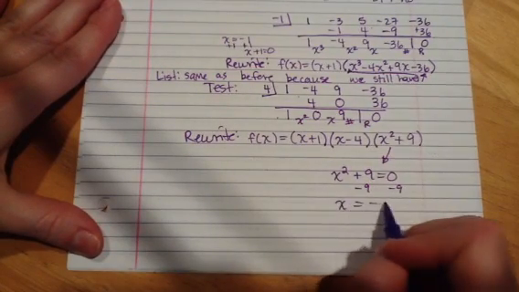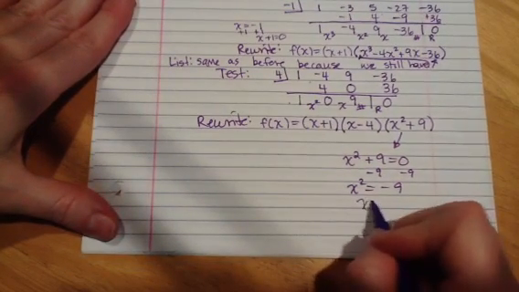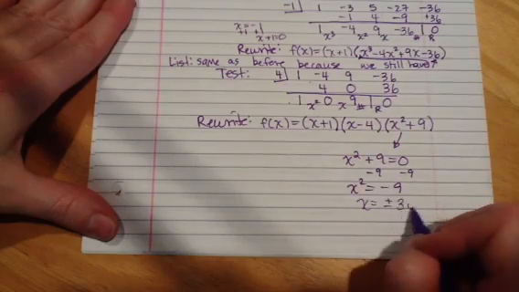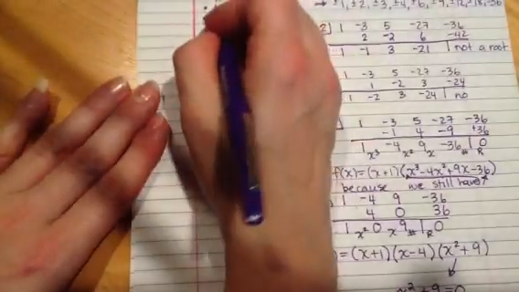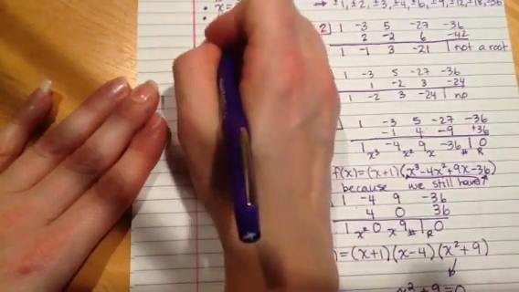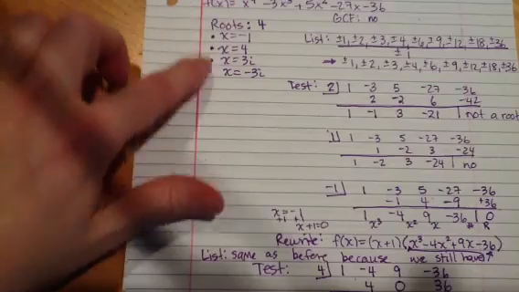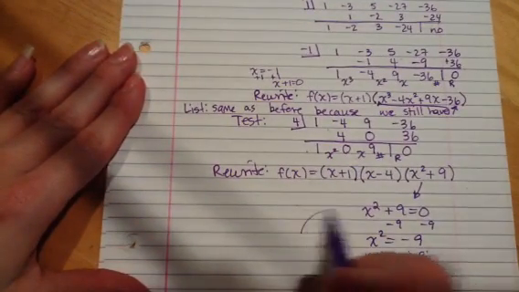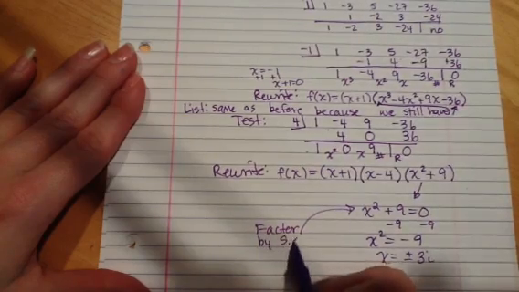That gives me x squared equals -9. Square root of that would be x equals plus or minus, the square root of -9 would be 3i. So there are my other two roots, x equals 3i and x equals -3i. And I have found all 4 roots. I also just want to point out that you could factor this by SOS.